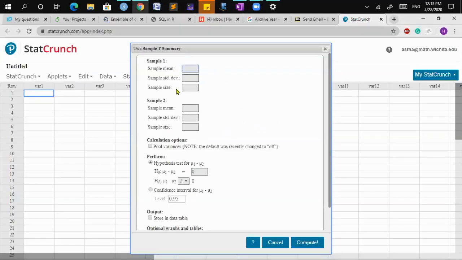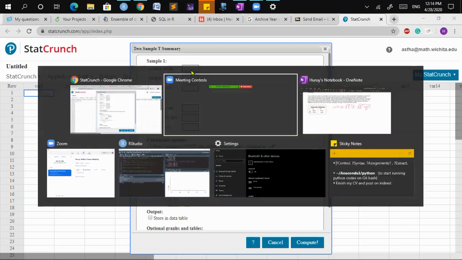Just by following this, what you need to input is the sample mean of the first group. This is group 1, and this is group 2. It doesn't matter which one you start with. So write sample 1.